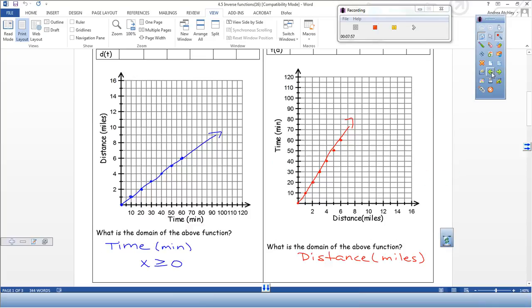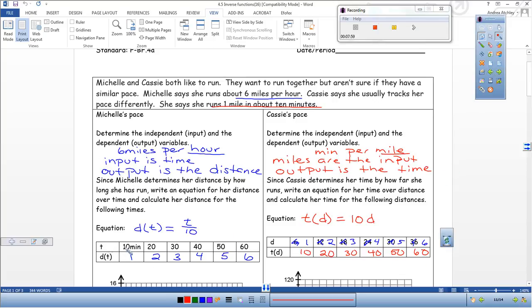Okay, so if you look back here at our ordered pairs, here we have 10, 20, 30, 40, 50, 60 in the x place. Here the y value is 10, 20, 30, 40, 50, 60. Here in the y it's 1, 2, 3, 4, 5, 6. Here in the x it's 1, 2, 3, 4, 5, 6. Okay, and it's the same values that switched places.